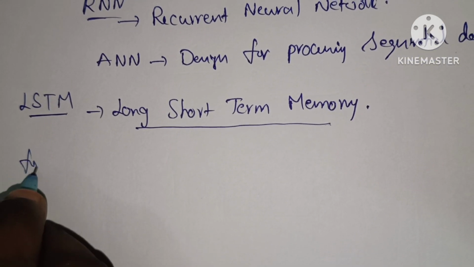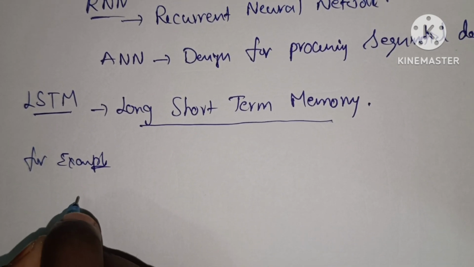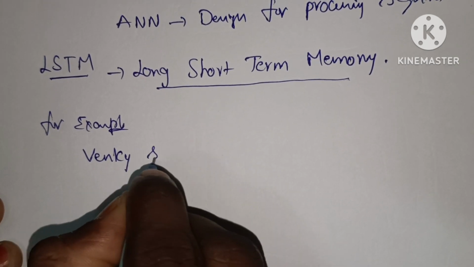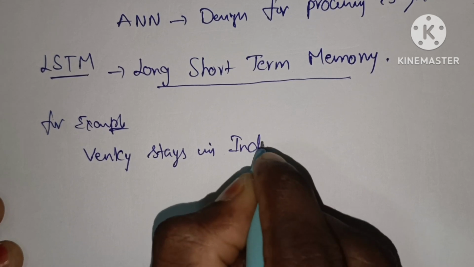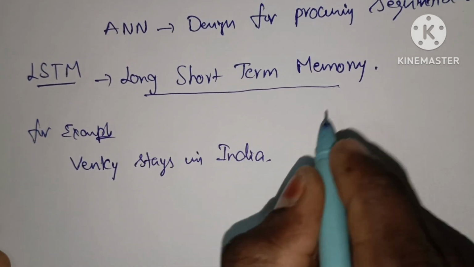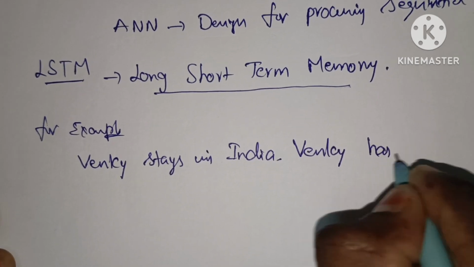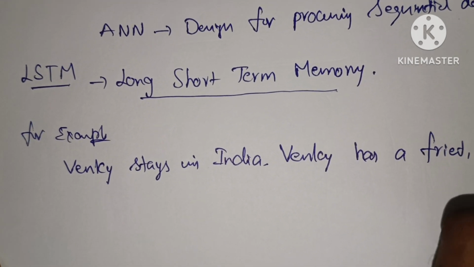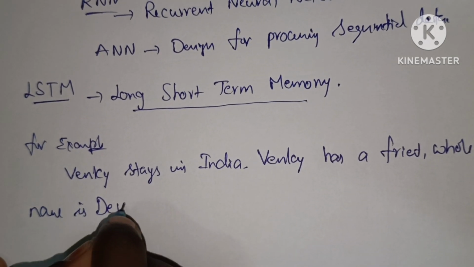For example, here we take a small passage. Venki stays in India. Next, Venki has a friend whose name is Dev.